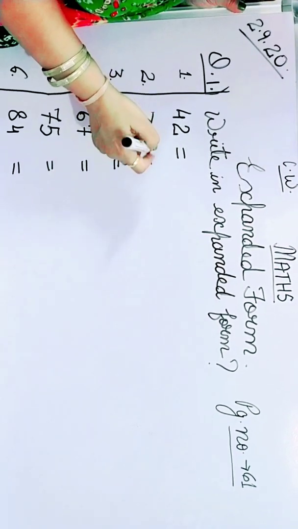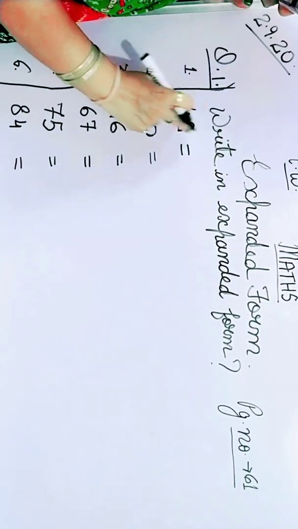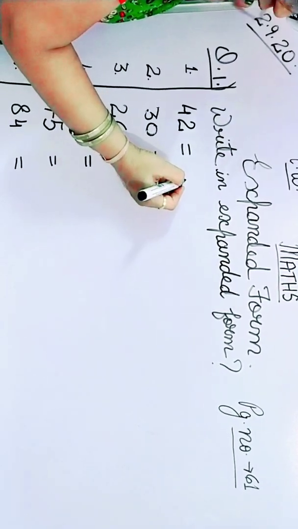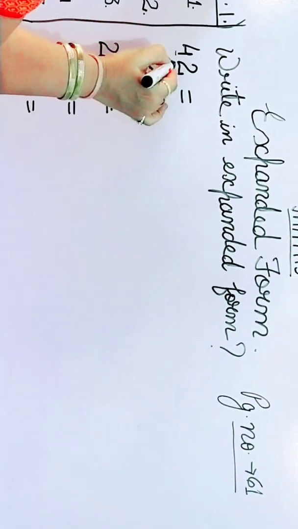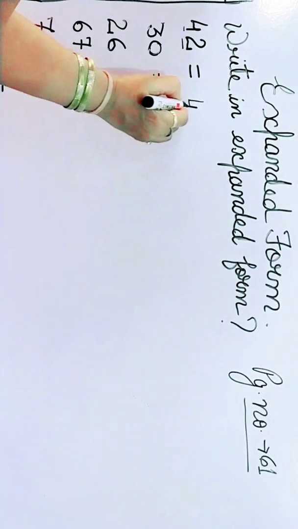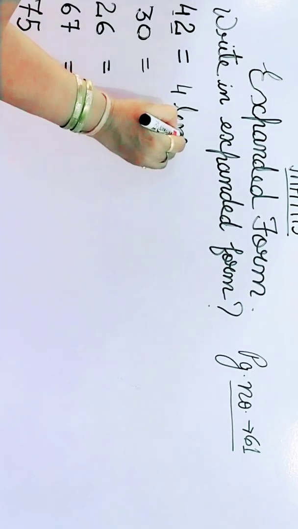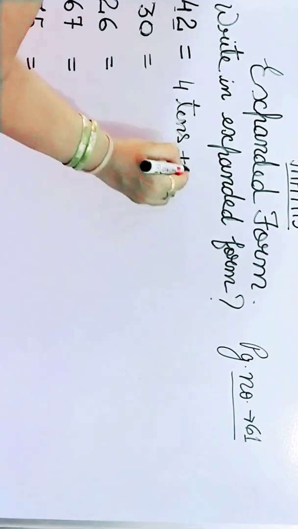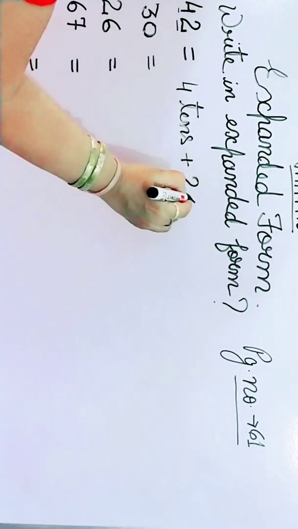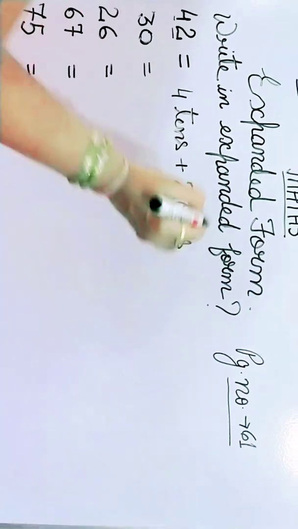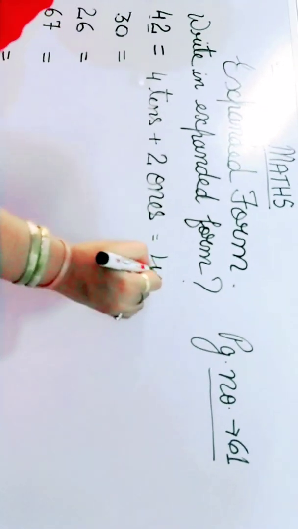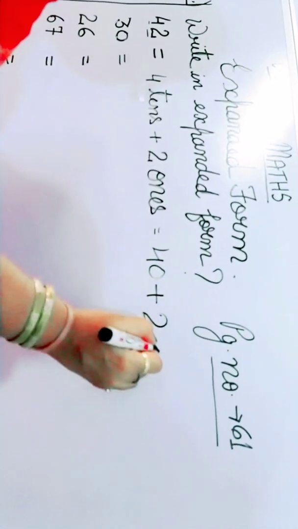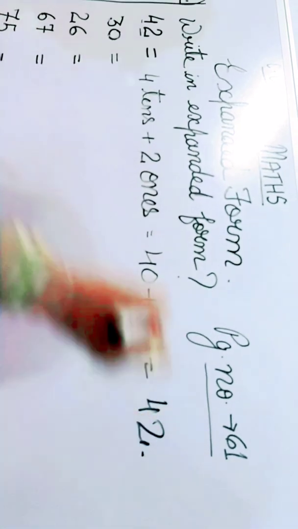Now we will solve some examples on board. 42. So 40, how will you write? You will write 42. It will be 4 tens and 2 ones. So 4 tens plus 2 ones equals 40 plus 2, which is again 42.